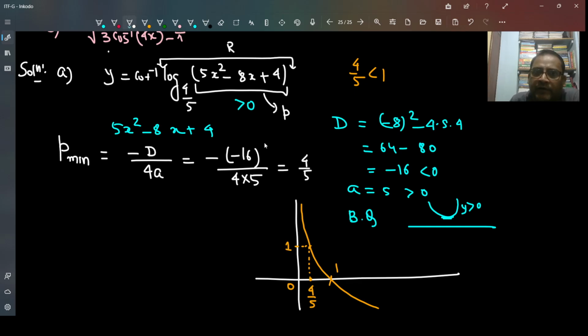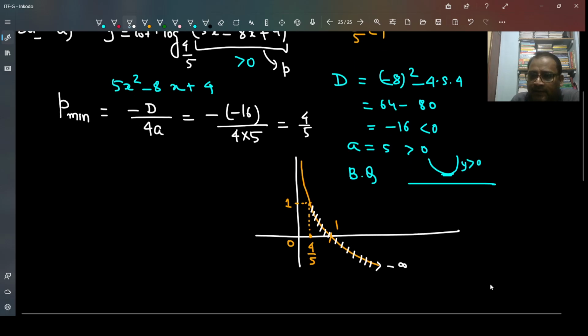After that, when x moves, the quantity will give a larger value than 4 by 5. So as the input increases, the curve will start decreasing and go down to minus infinity. Now, up to this part is clear.